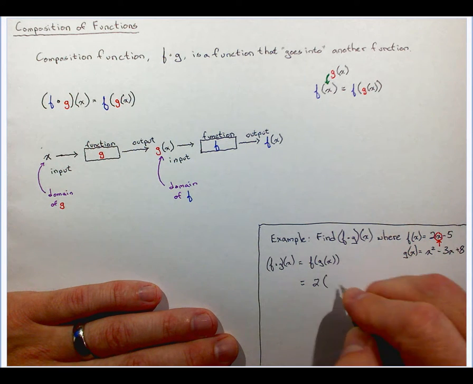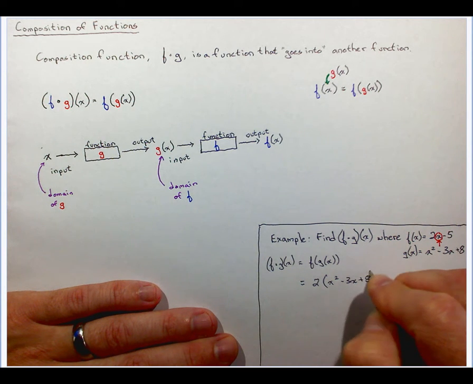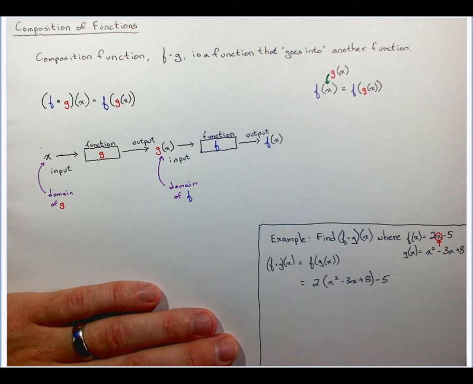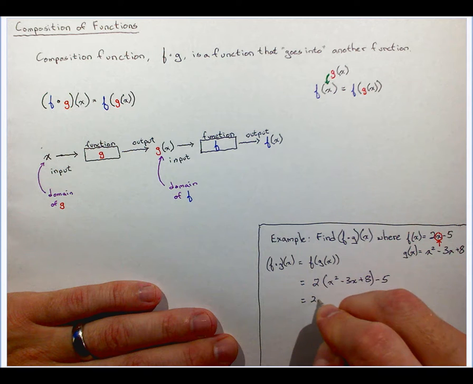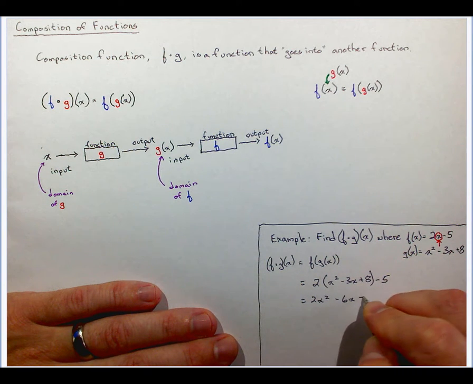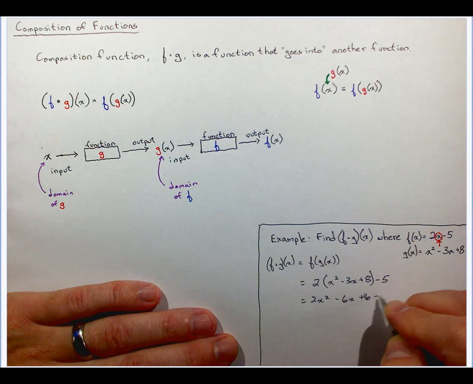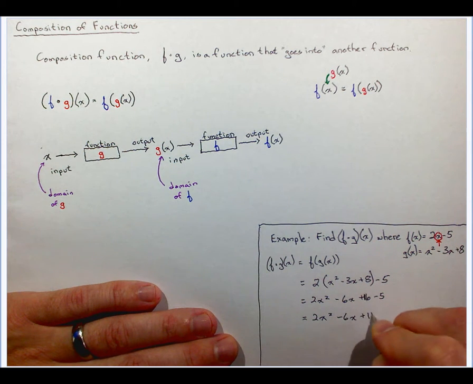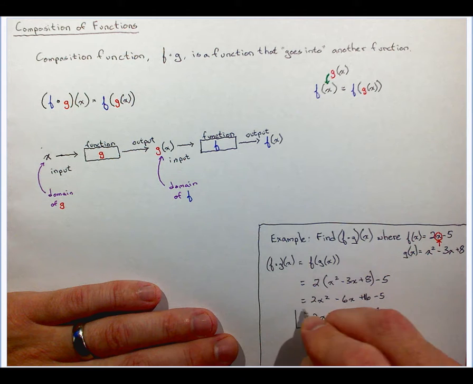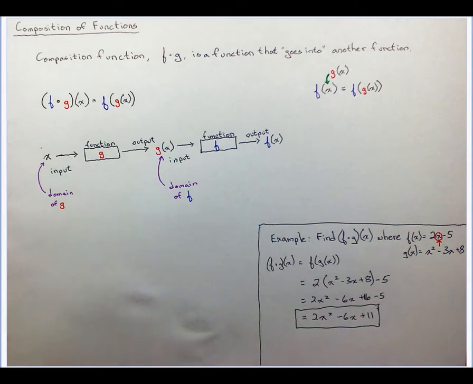So 2 times, and then I'm going to insert g of x instead of x. Now I'm left with simplifying my expression through distribution, combining like terms. This is my equation for my composition of functions for f and g.